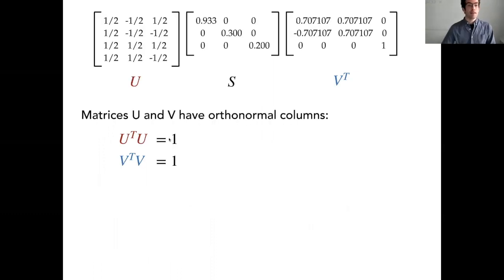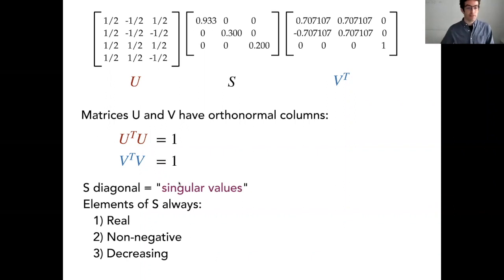The idea is that U is a partial isometry. If it's square, it's a unitary. So it has the property that U dagger U is 1, and V is like that too: V dagger V is the identity as well. What's most interesting is the matrix S. These are the singular values running down the diagonal of S. S is always diagonal with real entries that are non-negative and decreasing, or can always be taken to be decreasing.